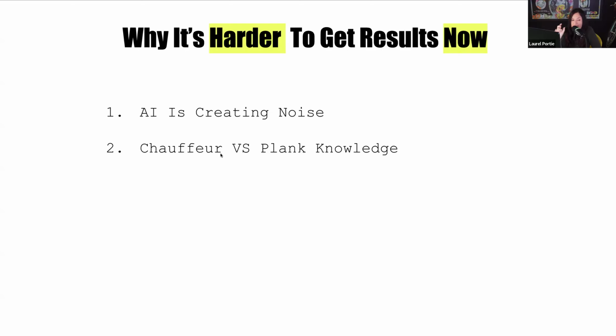And so right now, your audience is trying to decipher whether or not you are an expert or whether you're just another chauffeur. Because you have to remember, because of AI, it is so easy for someone to literally go and pull one of my YouTube videos, get AI to transcribe it, and get AI to write them a new video.